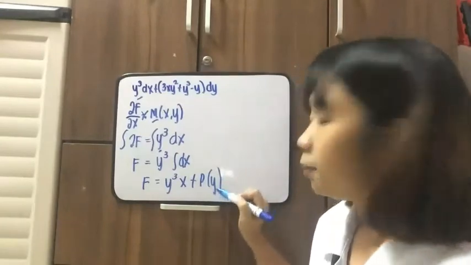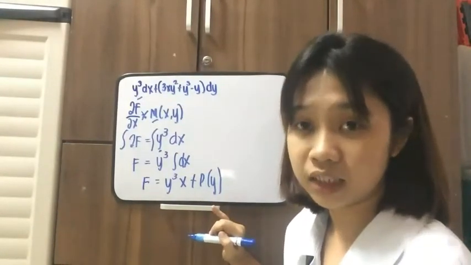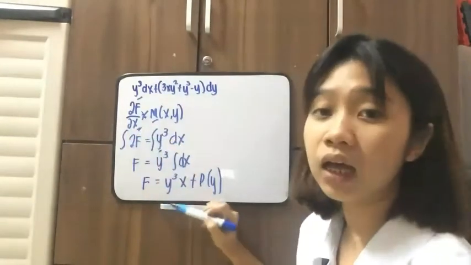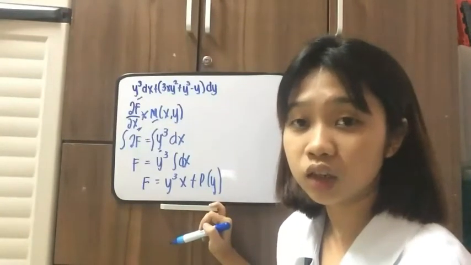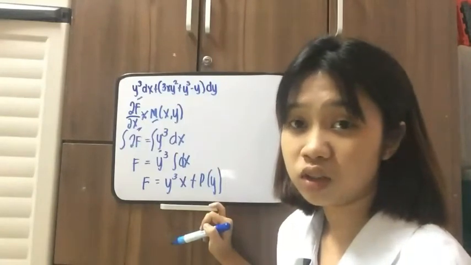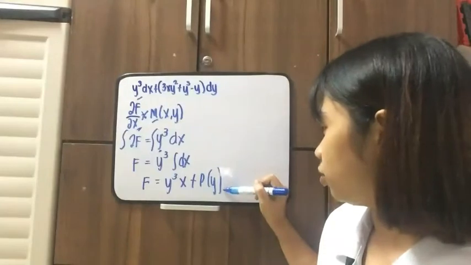So, p of y is also considered as plus c. Since we are solving with respect to x nga, diba ang sabi, any variable other than x is considered constant. So, if we derive constant, diba 0 or plus c. So, it can also be plus c.